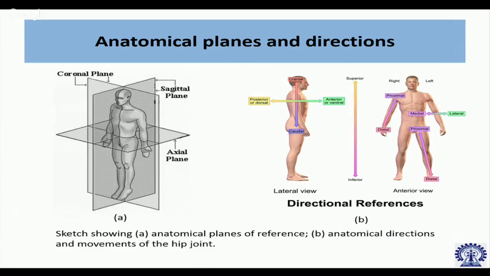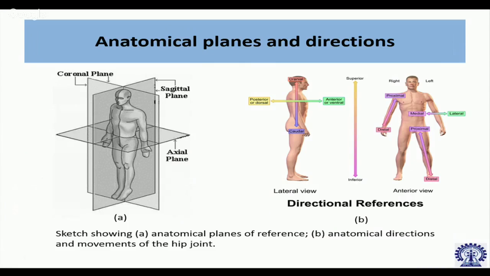We have the axial plane, which cuts through and gives a cross-sectional view. We have a coronal plane, which is the mid-frontal plane, and we have a sagittal plane, which is in the transverse direction. These three planes we will use to define different views subsequently in the different lectures.